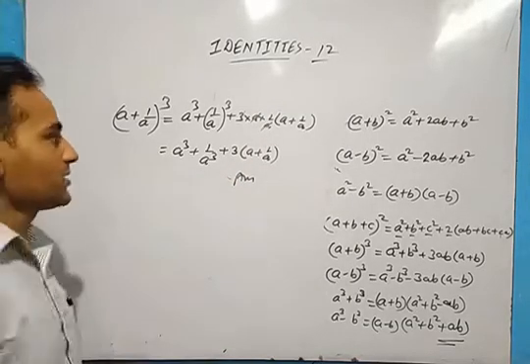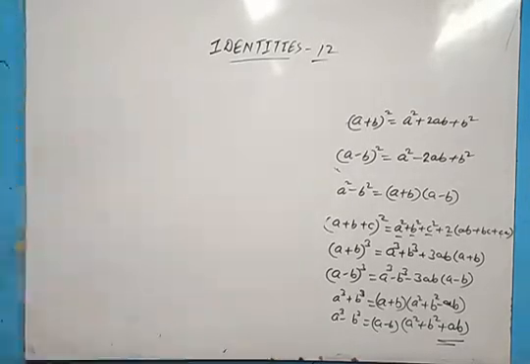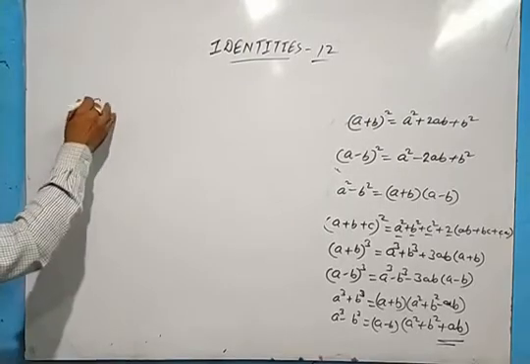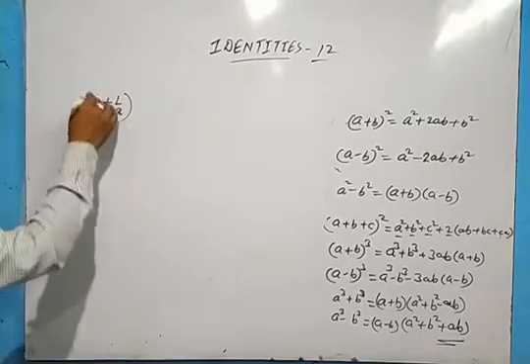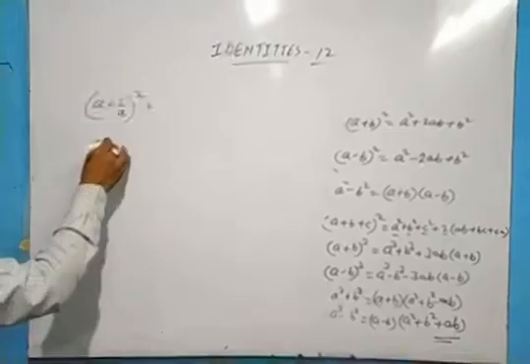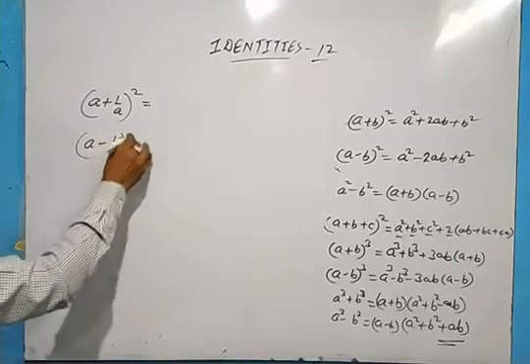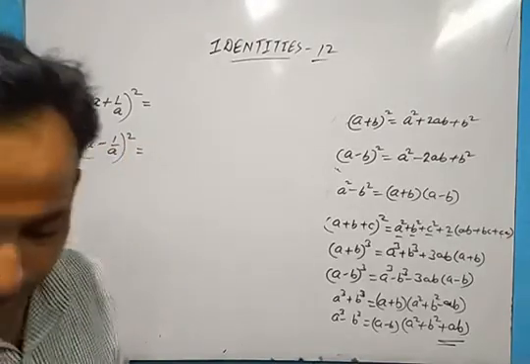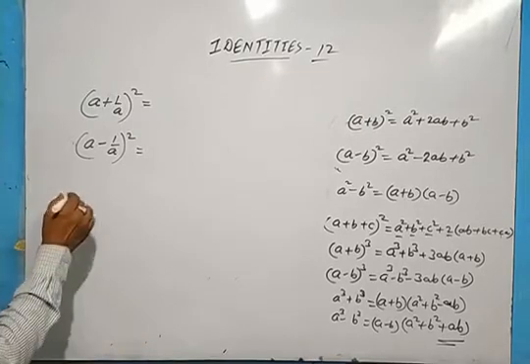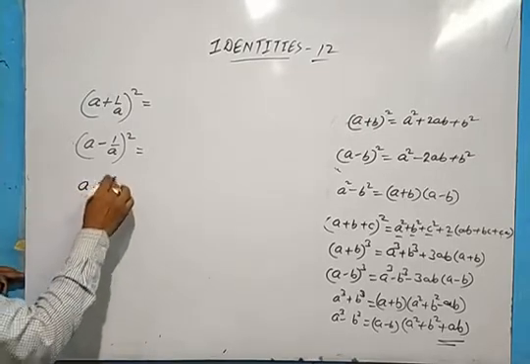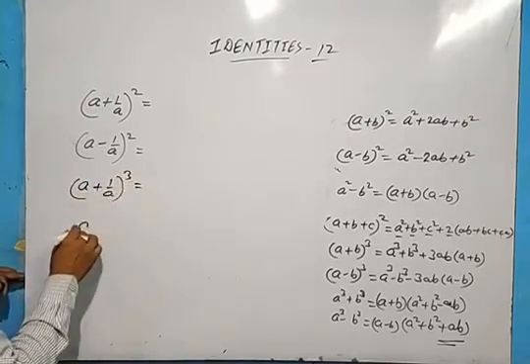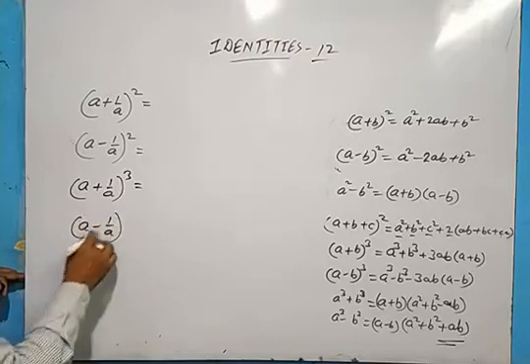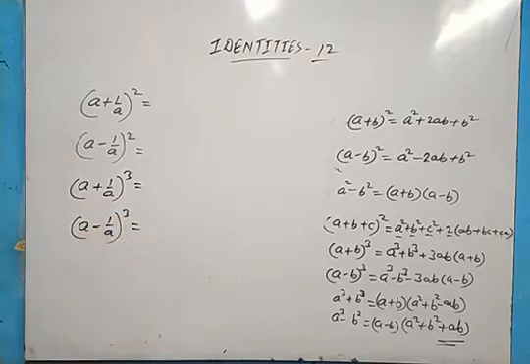Among all these, you should know the formulas of (a + 1/a) whole square, (a - 1/a) whole square, (a + 1/a) whole cube, and (a - 1/a) whole cube. These four formulas also please remember.